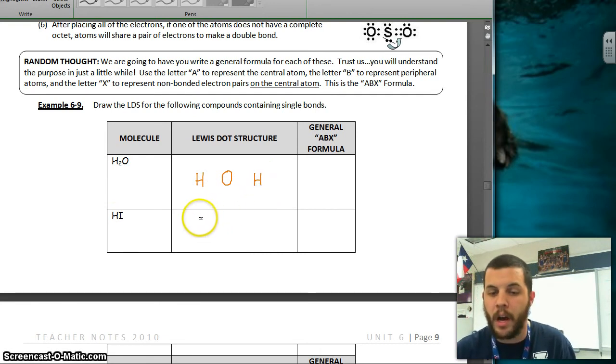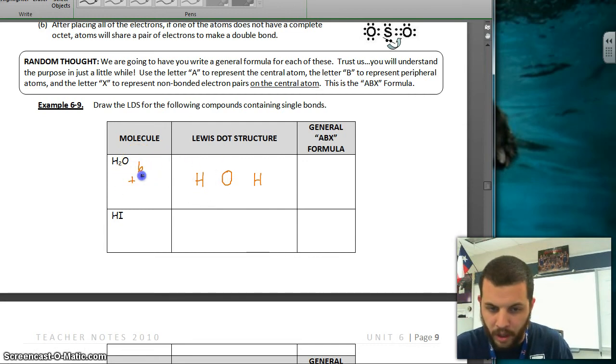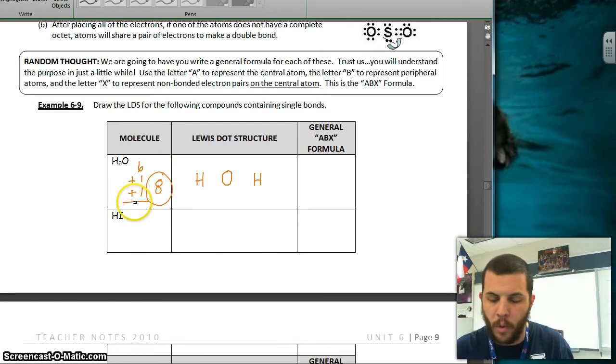Now I need to know how many electrons I have to work with, so I'm going to add up all my valence electrons. Oxygen brings 6 electrons to the table. Each of my hydrogens brings 1 electron to the table, which means that I have a total of 8 valence electrons to draw my Lewis dot structure with.